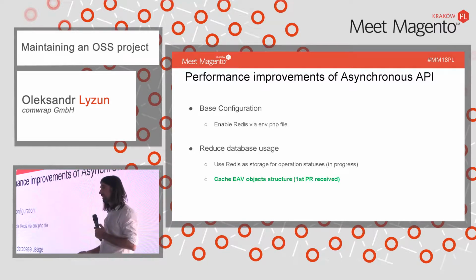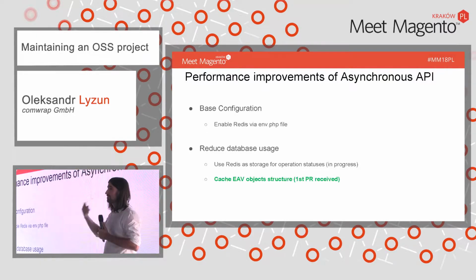We also want to use Redis for the operation statuses. Does everybody here know what Redis is? Yeah, looks like. I hope so. In any case, if you don't know, Redis is a key value framework, not a key value database. Currently all Magento operation statuses are stored in the Magento database.